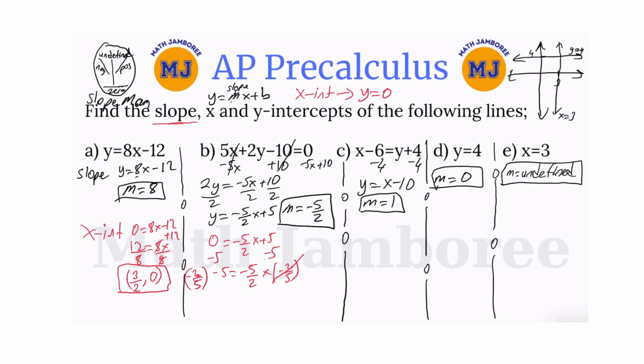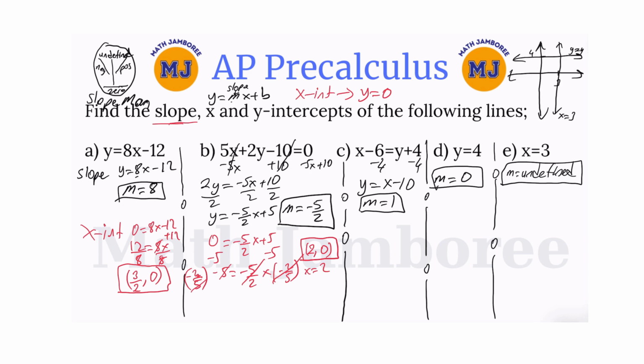These cancel each other out. 5 simplifies with this. Negative 2 times negative 1 is positive 2. So x is 2. Then the x-intercept here is 2 and 0. I'll put it up here to leave some space for the y-intercept.